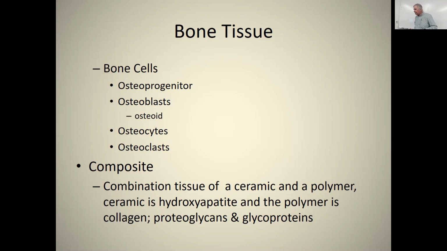And there are proteoglycans and glycoproteins inside bone also. And all these things are proteins that have sugar moieties on them, sugar molecules. A proteoglycan has a lot of sugar and not that much protein. Glycoproteins are mostly protein and have sugar molecules attached to them.